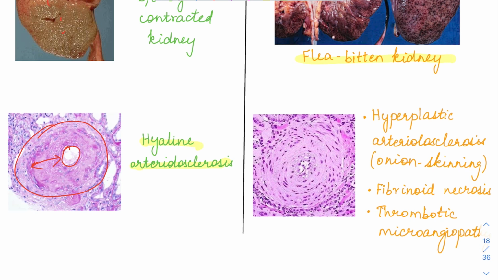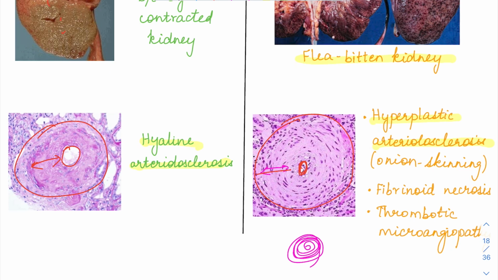But in malignant hypertension, there is going to be something called hyperplastic arteriolosclerosis. In this image, if you see, it has somewhat an onion skin kind of appearance, right? This hyperplastic arteriolosclerosis is because of smooth muscle proliferation. This is the vascular lumen, which is very much narrowed, and this entire vessel wall is thickened because of the smooth muscle proliferation.